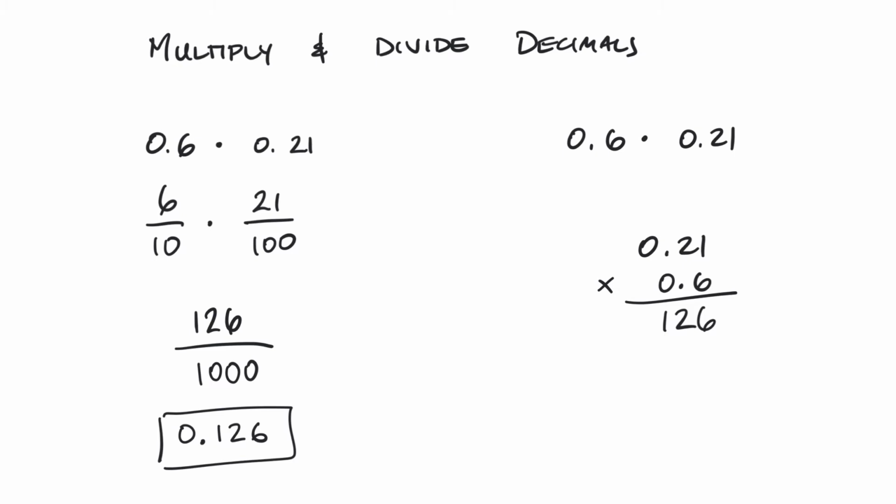And then you have 3 numbers behind the decimal, so your decimal is going to start here, and you're going to move it 1, 2, 3 times, so your decimal ends up there. So this is 0.126. Either way is totally fine with me. If you want to multiply your decimals like this, or if you want to try this, this is actually a pretty easy way to do it. I like that way. We'll do a couple more examples.